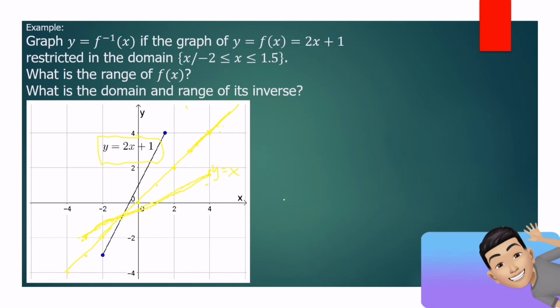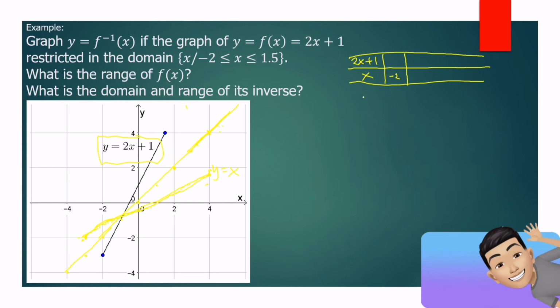Now, if we are going to consider how to identify yung mga specific points dito, sabi doon, using the table of values. So, let's have 2x plus 1, that is y, and what is the value of 2x plus 1 when, sige, lagay natin yung specific domain, when x is equal to negative 2.